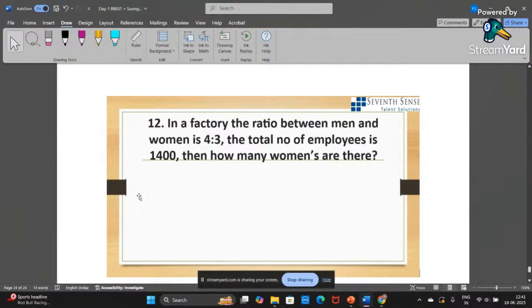Next. In a factory, the ratio between men and women is 4:3. Men, women.